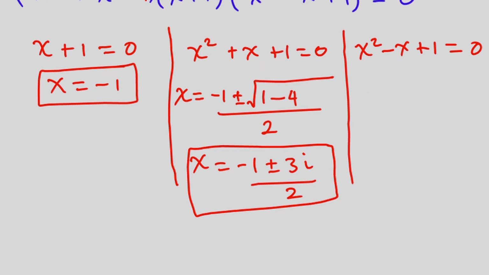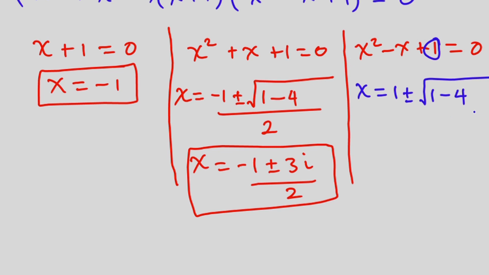Now lastly, I have to change the marker. We're going to have x is equal to minus b, but b is negative 1, so automatically it's going to be positive. Then plus or minus the square root of b squared, so negative 1 squared, it is positive 1. Then minus 4 times a times c, they are all 1 right here.